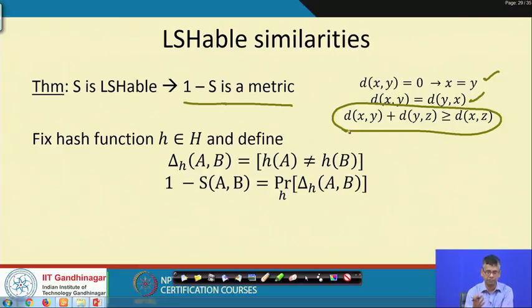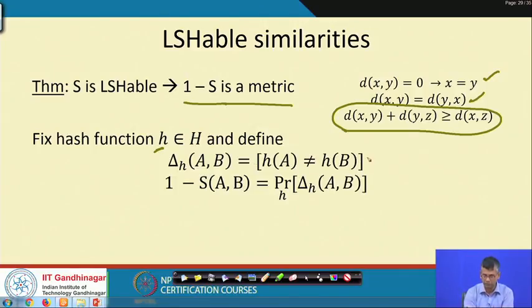Let us try to prove this very small, very cute theorem. Here is what we will do. Suppose there is a hash family H, any hash family, and pick a hash function h belonging to H and define the event. We are defining a 0-1 indicator random variable. The random variable takes in three things, h, A and B, two sets A and B, and the random variable delta_h(A,B) is 1 if h(A) is not equal to h(B), and 0 otherwise.